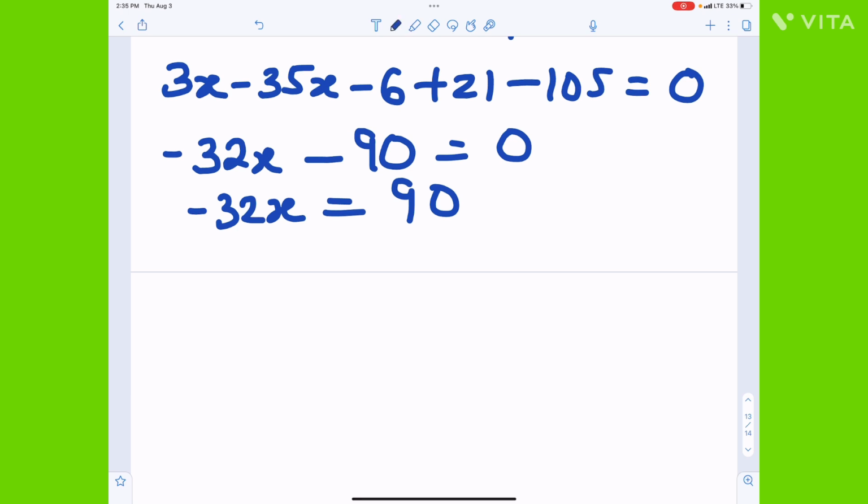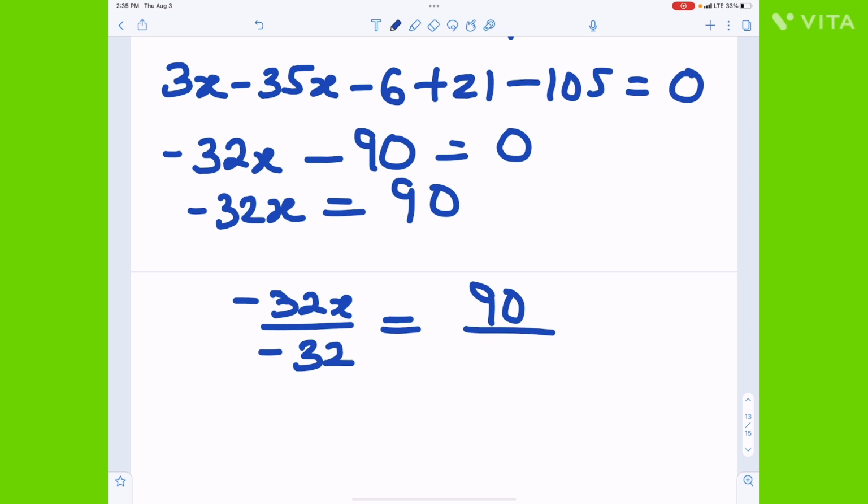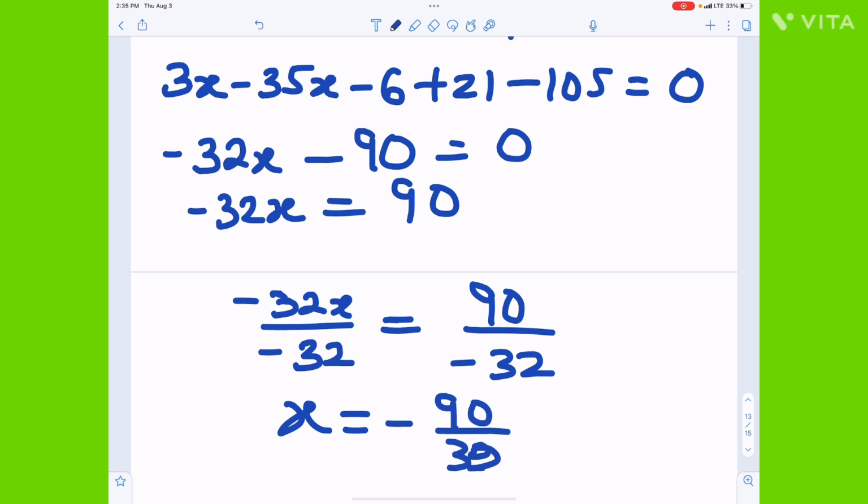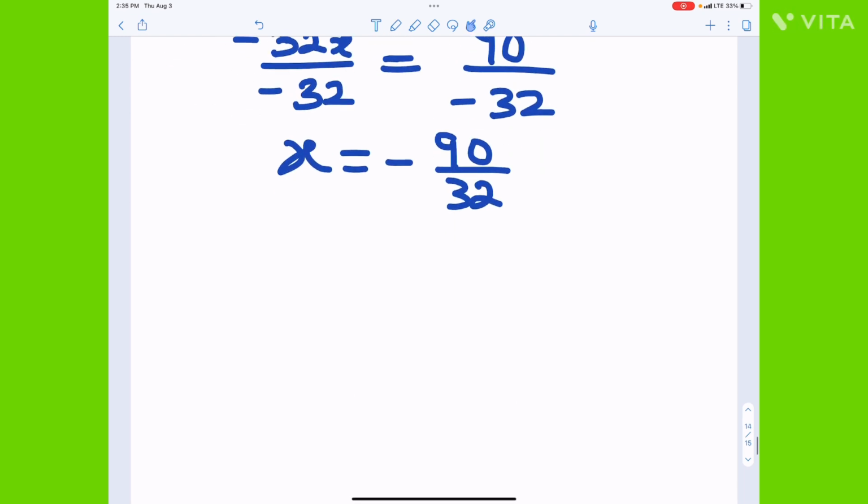So dividing both sides by minus 32, you get 90 over minus 32. x will be what? Minus 90 over 32. What does that give you?